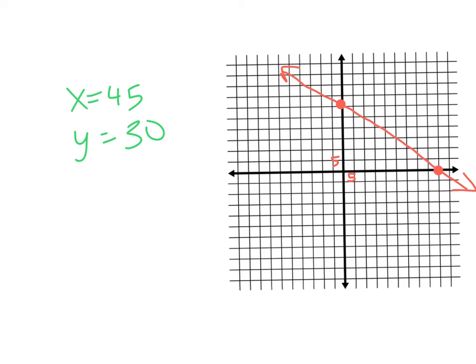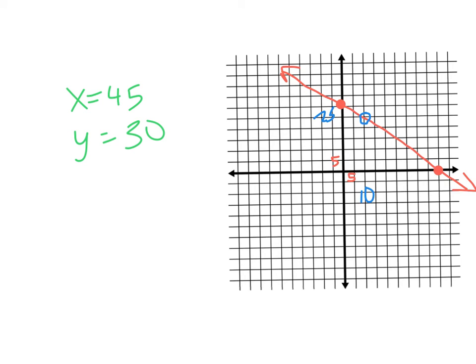All right, so when you're deciding how many tables to rent, basically anything along this line would be your combination. If I look at this point right here, I'm going to be renting 10 of these kind of tables, 5, 10, 15, 20, and 25 of these tables to make up.